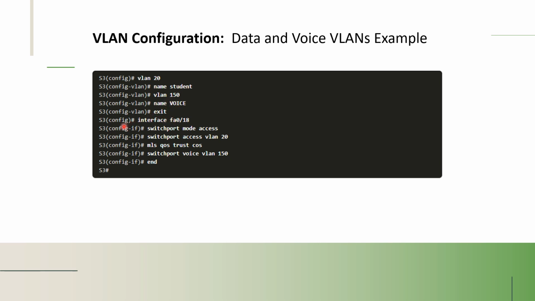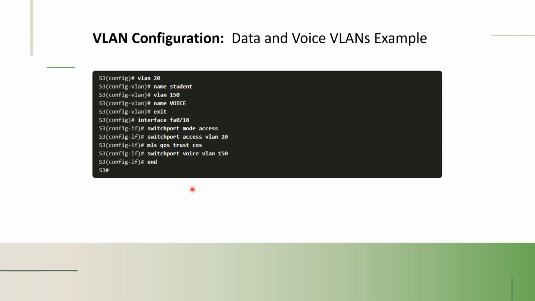And then you have to go to interface FastEthernet 0/18. By saying switchport mode access, you are saying that this port will be in access mode, and with switchport access vlan 20, you are assigning this port to VLAN 20, which is for data traffic.